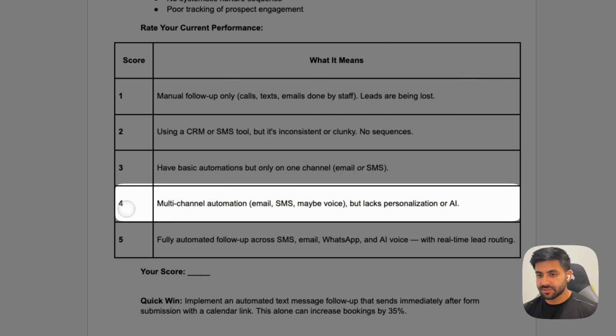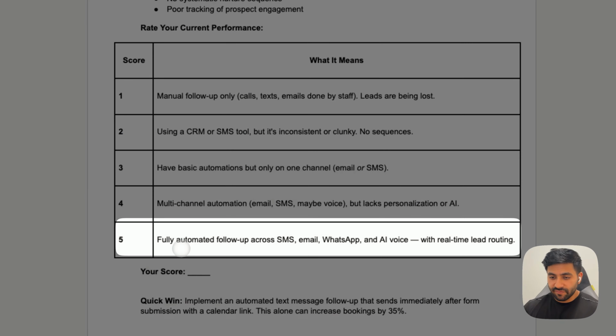4 out of 5, now we're getting somewhere, you're using multi-channel automations. You're on multiple channels such as email, SMS, maybe even voice, like you're calling up leads, but you're kind of lacking personalization. Everything seems robotic because you're not using more advanced, current processes that are working with AI.